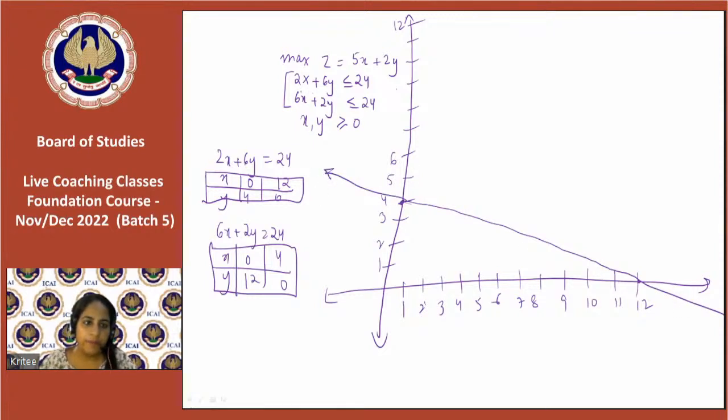Shading: 0, 0 is less than 24. Yes, it is less than 24. So your shading will go down. Then again 0, 12 and 4, 0. You join them.